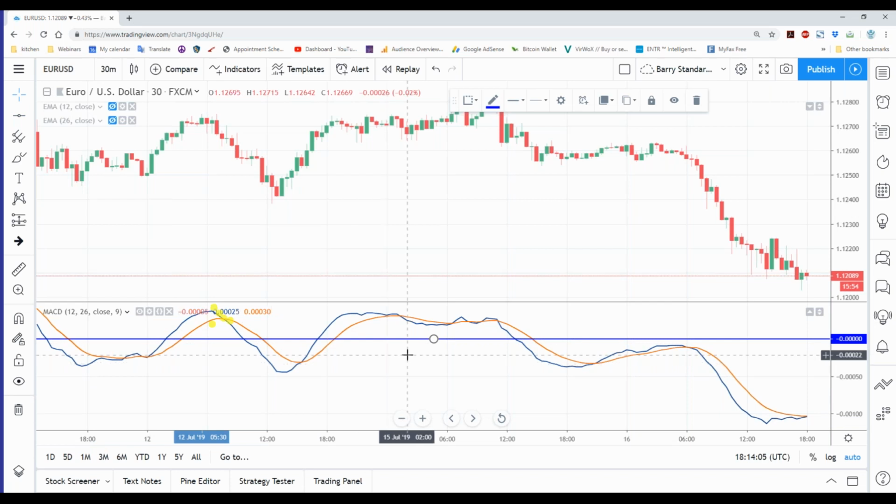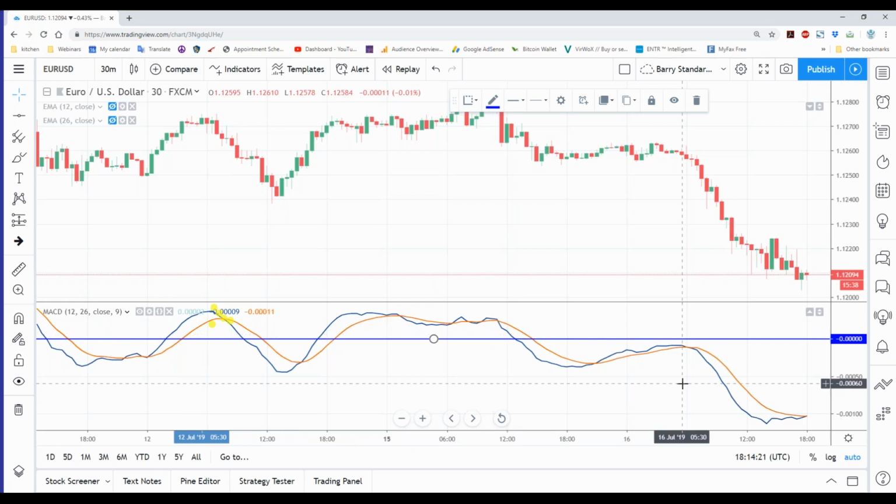Okay, so we have our zero line running right across at the blue line. Whenever these two lines cross each other and they're equal, they would be at the zero line. And when they cross above and below and they cross each other, they give us buy and sell signals.